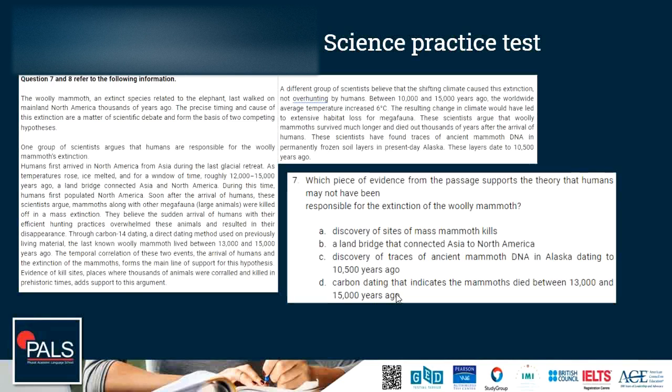Plus, on the erasable notepad that you get, maybe take some notes, basically summarize these long paragraphs with very few words, what they are talking about, like the key idea, the main idea of the paragraph.